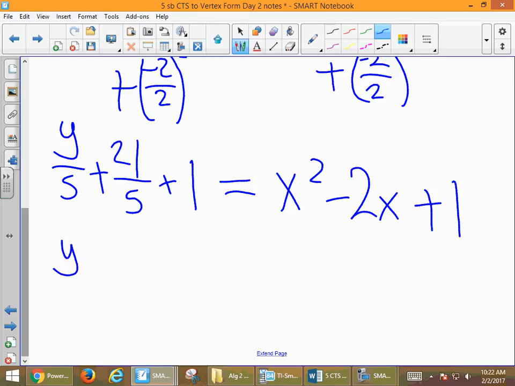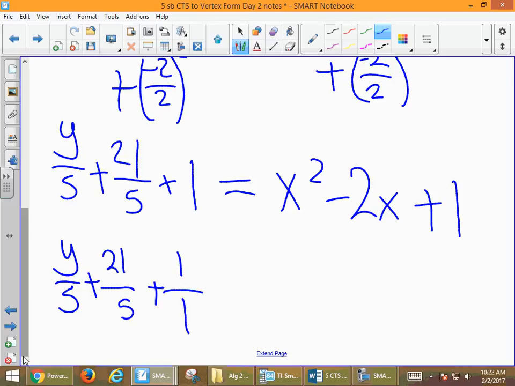And so we have y over 5, but then we have 21 over 5 and 1 over 5. In order to add these two together, we need a common denominator. And so we have 21 over 5, but 1 is the same as 1 over 1.